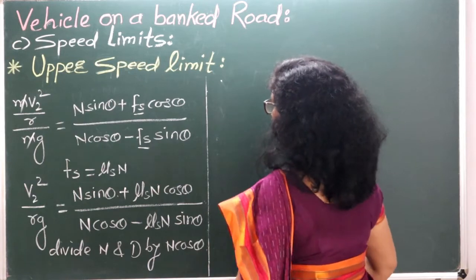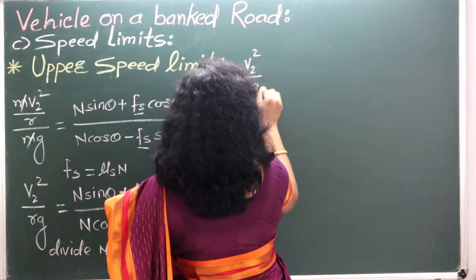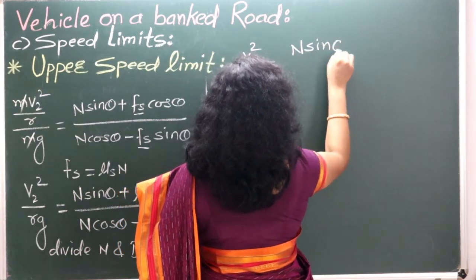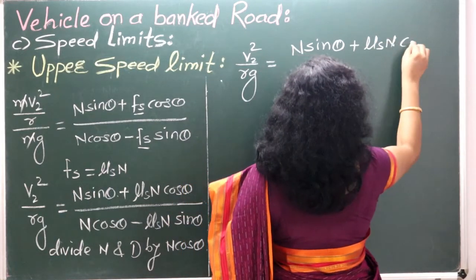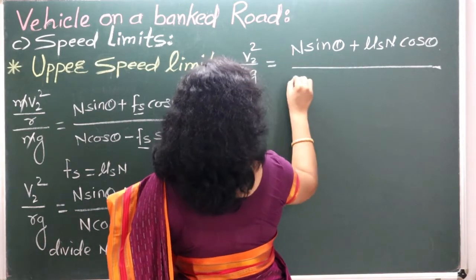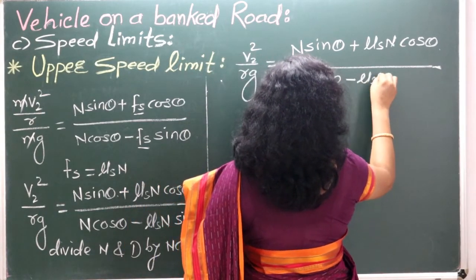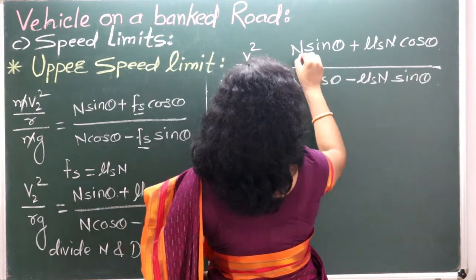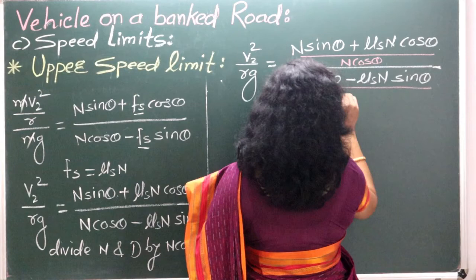Then we will get v2 square upon rg equal to N sin theta plus mu s N into cos theta, divided by N cos theta minus mu s N into sin theta, and here divide by N cos theta and here divide by N cos theta.